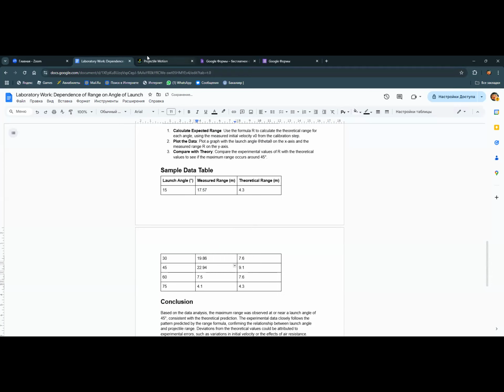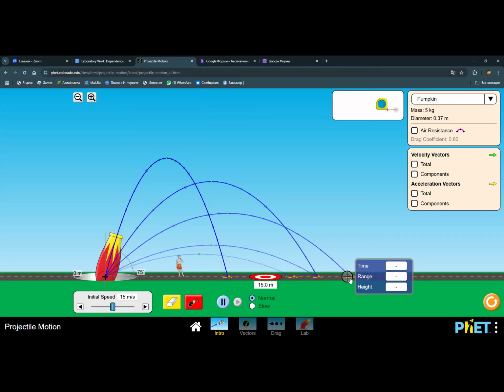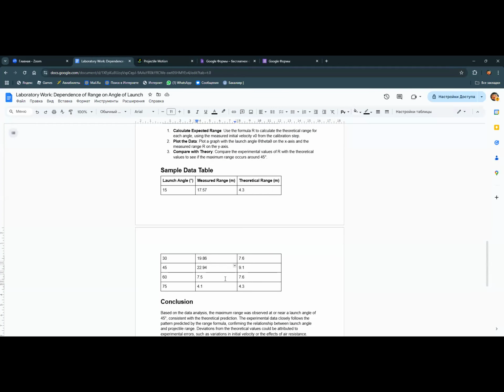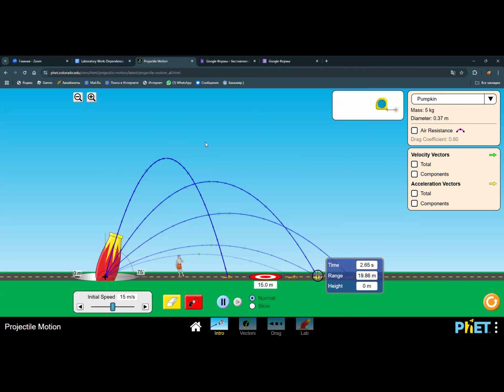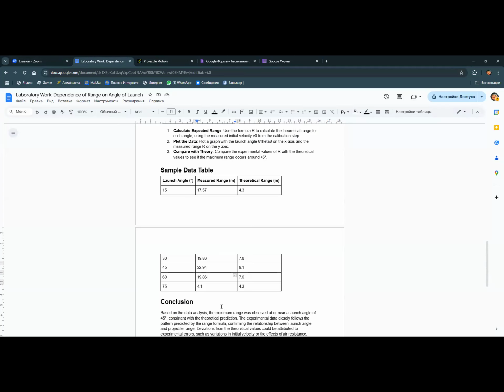The range of the projectile at 60 degrees is the same as at 30 degrees, 19.86. Then the range of the projectile at 75 degrees is the smallest range, which is equal to 11.47 meters.